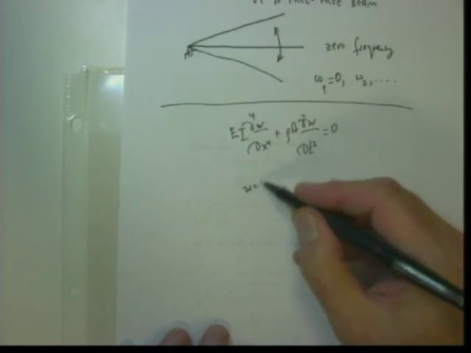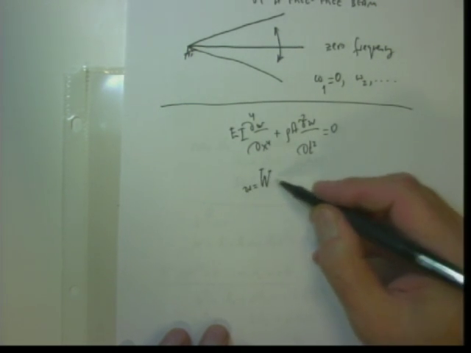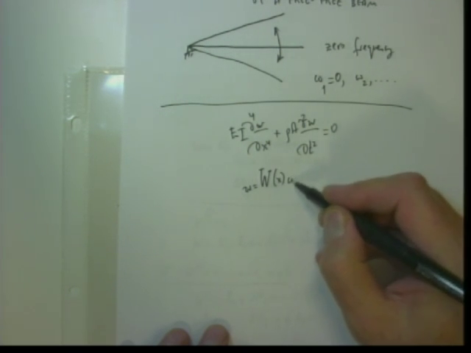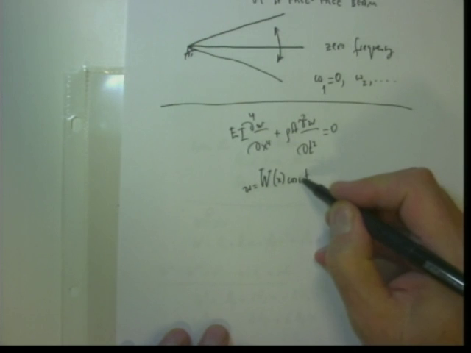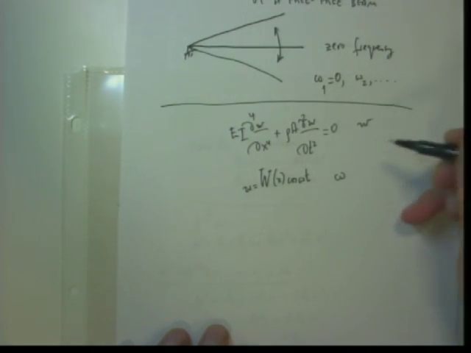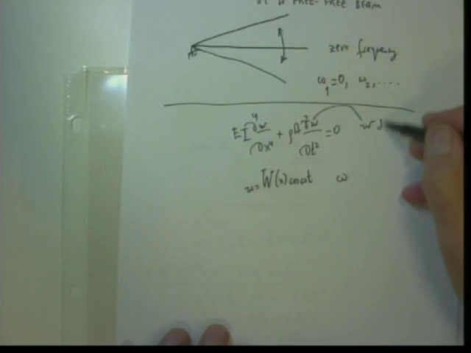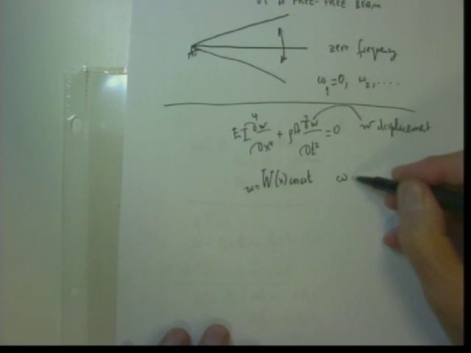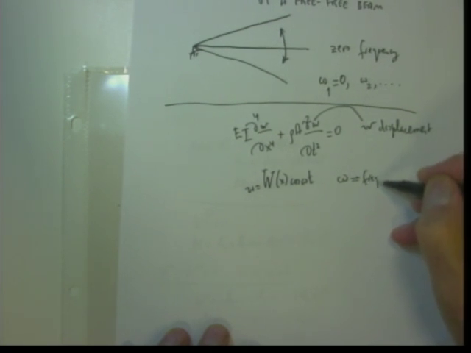Small w then equals capital W of x times cosine omega t. This is omega. This is w. This is displacement. This is the frequency.